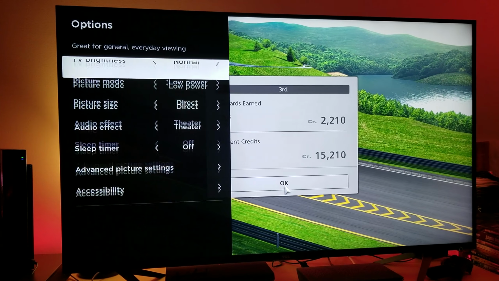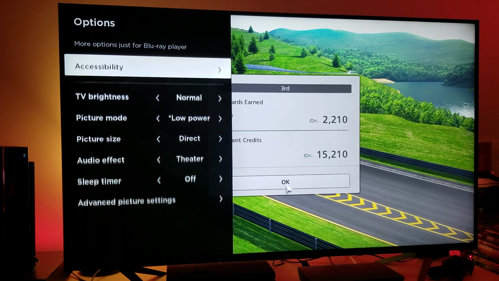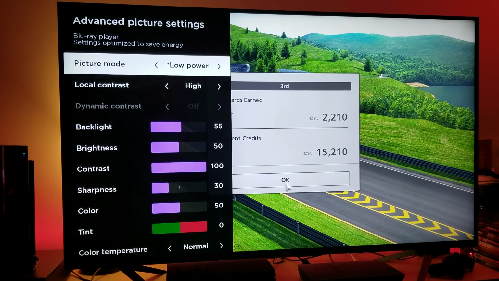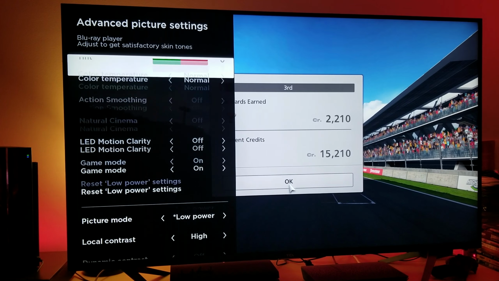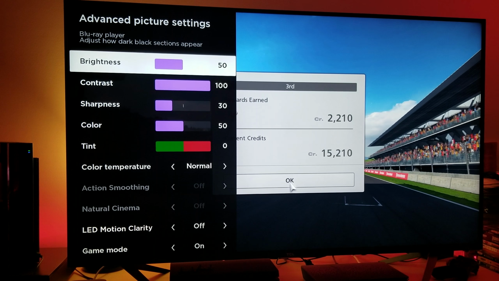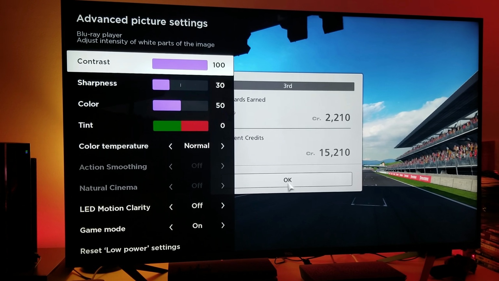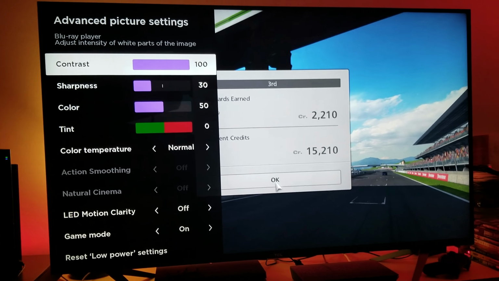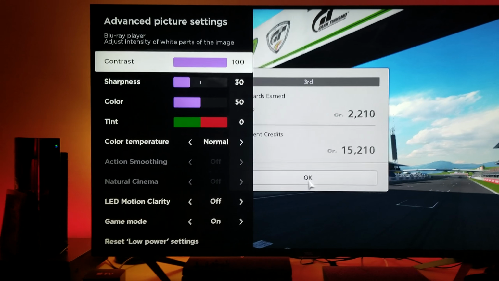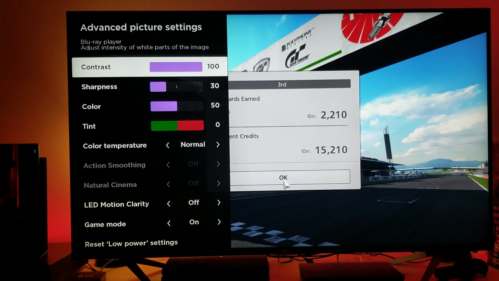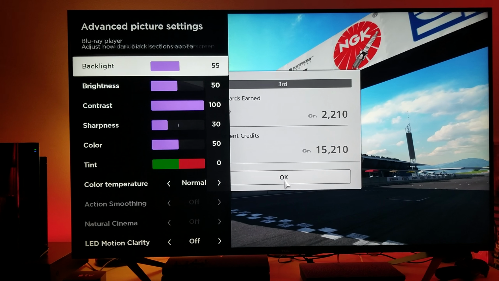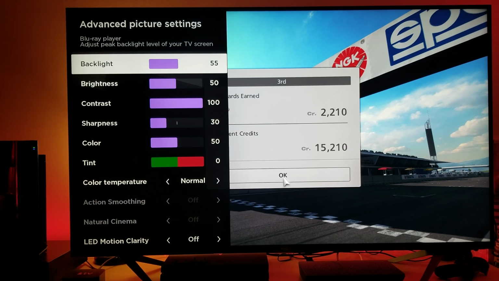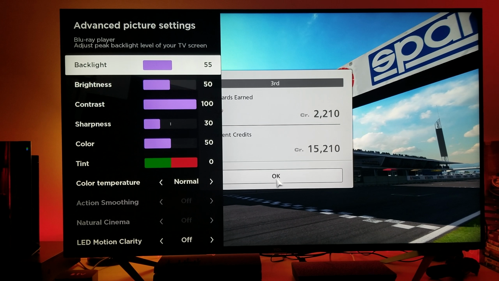I left the brightness at 50. The only thing I moved was the contrast. I felt that the contrast is something that I can move a little bit higher to the maximum, because I don't have my backlight set all the way to high.